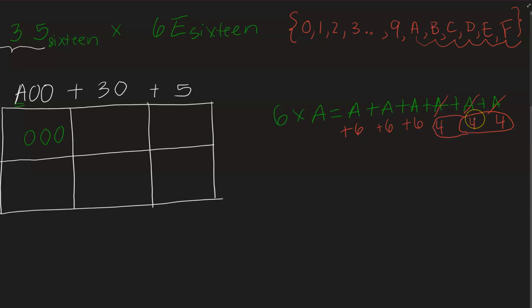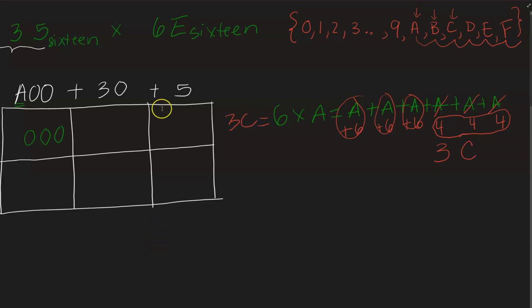So what is the leftover part right there? That would be 4, 4, and 4, 3 groups of 4, that is 12, but how do we write 12 in base 16? That's 10, 11, 12. This would be C. And how many full groups of 16? 3. So this right here, A times 6, is 3C.